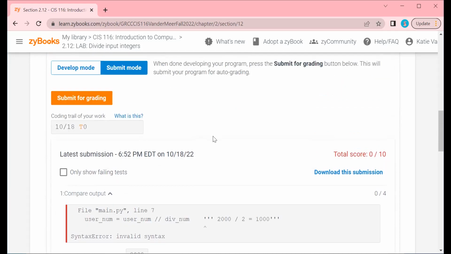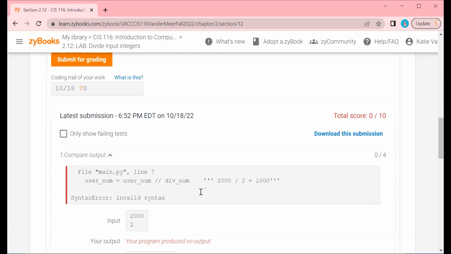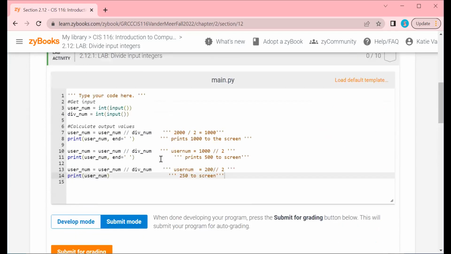Oh, why doesn't it like my comments? This is just a Zybooks error. Why? Do you need the pound sign? Well, that's how you normally do a comment in Python. What are the pound signs used for? To comment something out. Okay. Like I wanted to write this in English and I didn't want it part of the code. Just like up here on line 1, it said type your code here. That doesn't get calculated. Let me try the pound.